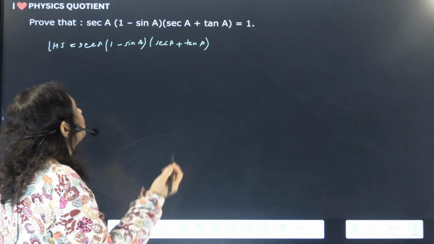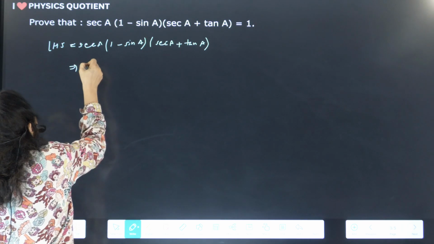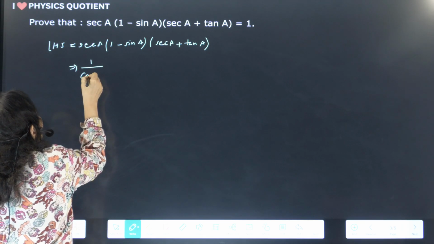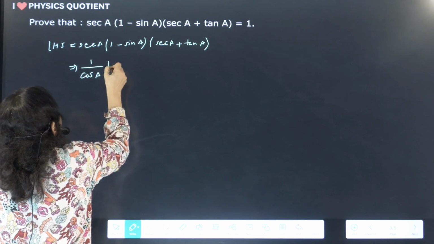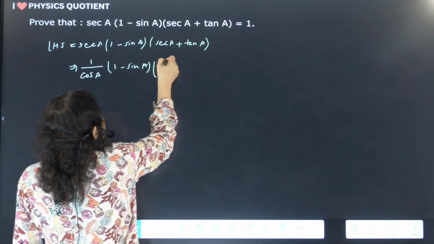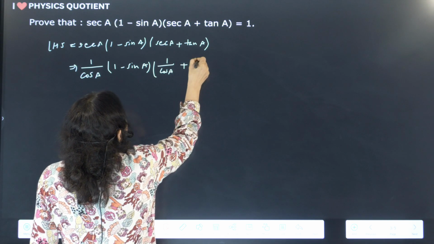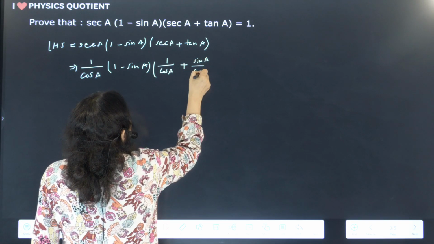So first of all, we'll convert everything in sin cos. Sec A is 1 upon cos A, and tan A is sin A upon cos A.